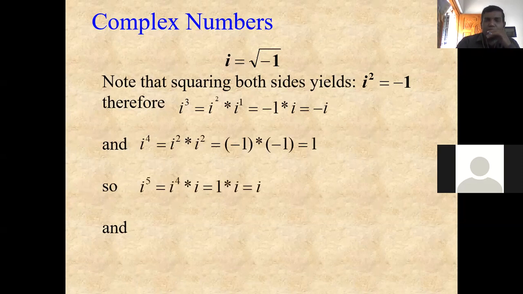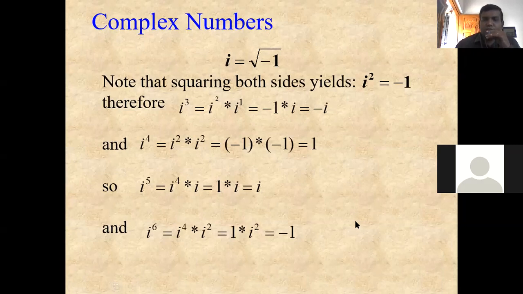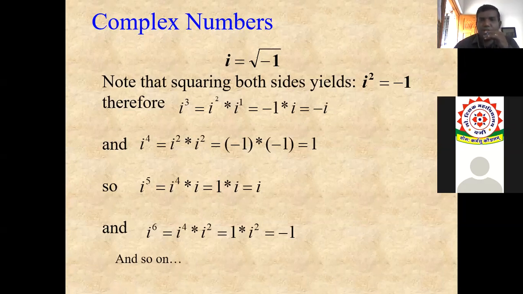And so i to the power 5 is again i to the power 4 into i, that is i, because i to the power 4 is 1. And i to the power 6 can be written as i to the power 4 into i square, that is 1 into minus 1, which is minus 1. Similarly, we can find i to the power 7, 8, 9, and so on.